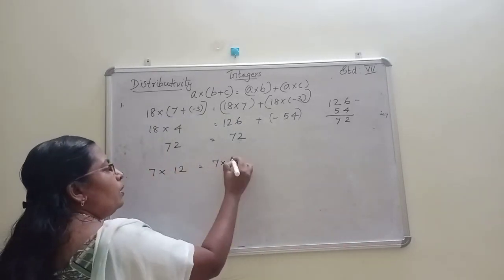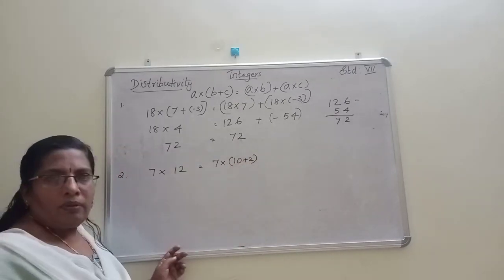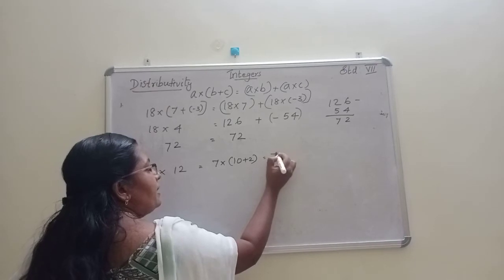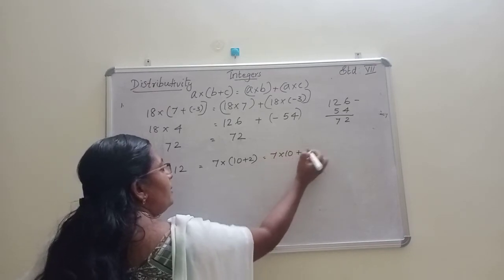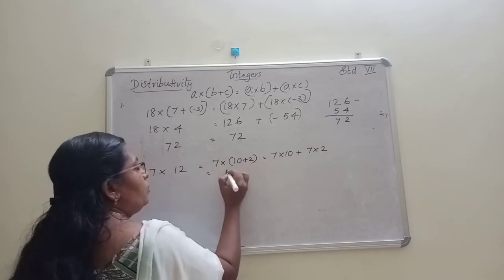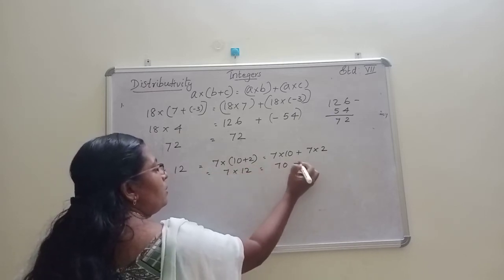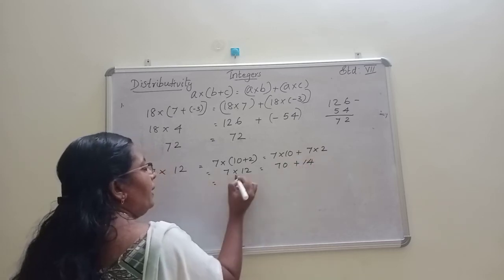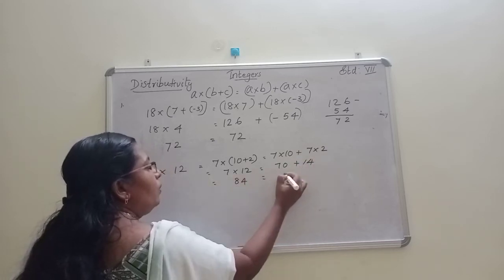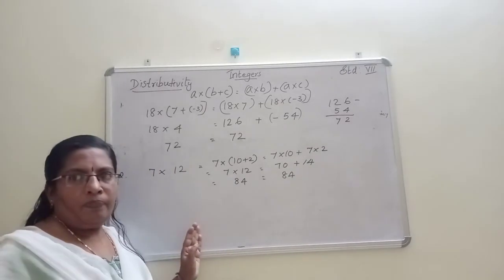So 7 into 10 plus 2, 10 plus 2 is 12. That is 7 into 10 plus 7 into 2. So 7 into 12 equal to 70 plus 14, 84 equal to 84. This way sometimes the question will come.